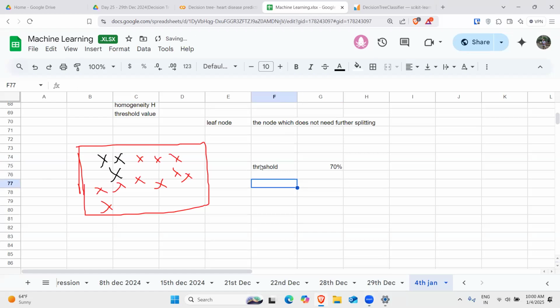The homogeneity of the node in the illustration given below is clearly above 70%, right? Homogeneity for this particular dataset, which you can see in this figure, is 86%. Like out of the 100% data, 86% is homogeneous data, right? The homogeneity value in this case falls above the threshold limit which we have set. Hence, no splitting is required, and this node becomes a leaf node, right?